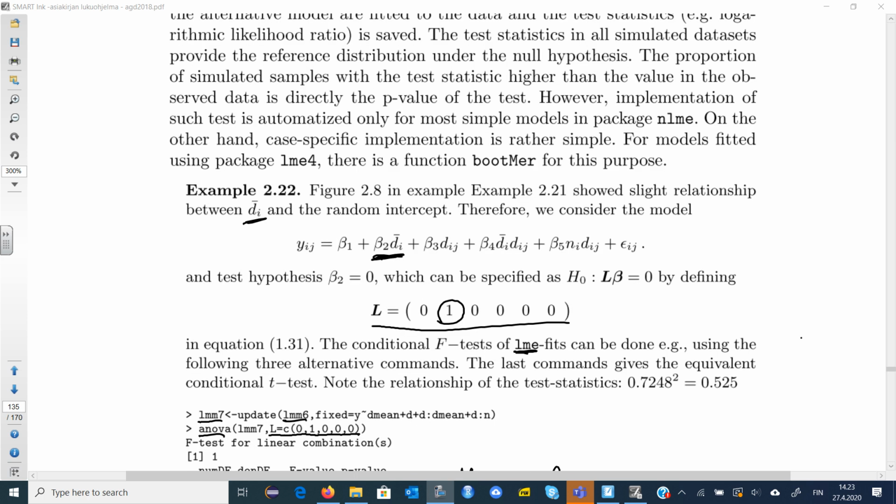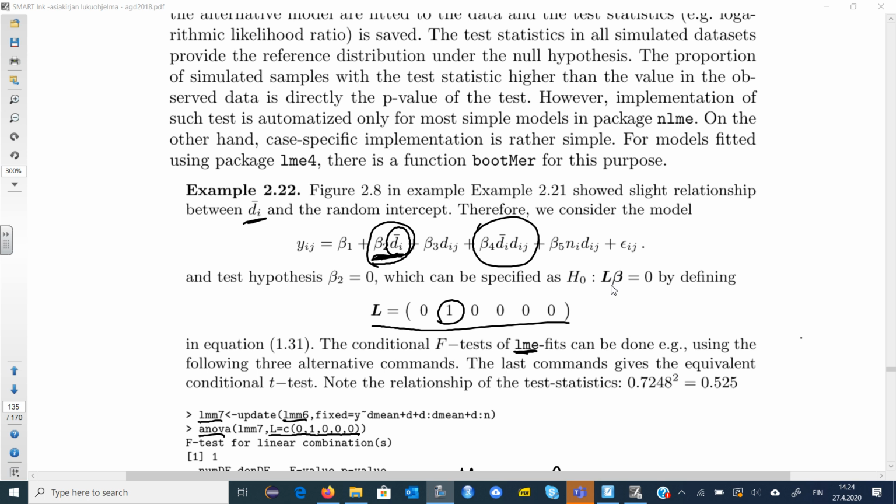Okay, then we could also be interested in testing whether the mean diameter and the interaction between mean diameter and the tree diameter is needed in the model. So then it means that we would like to restrict beta 2 and beta 4 jointly to 0. And this is now problematic for the F-test, because the denominator degrees of freedom for D bar is 54.